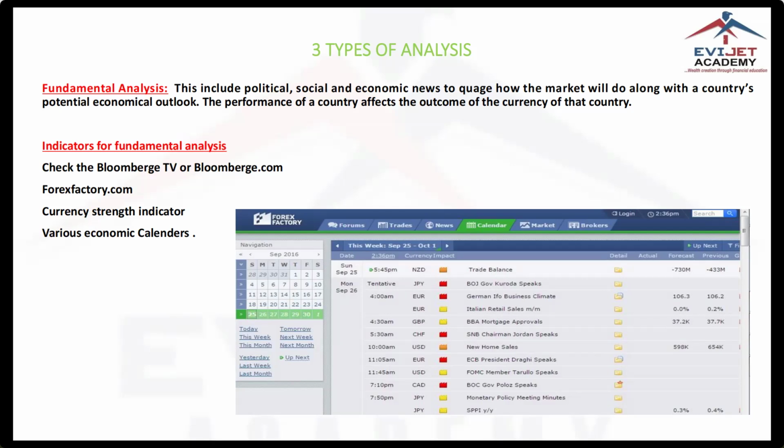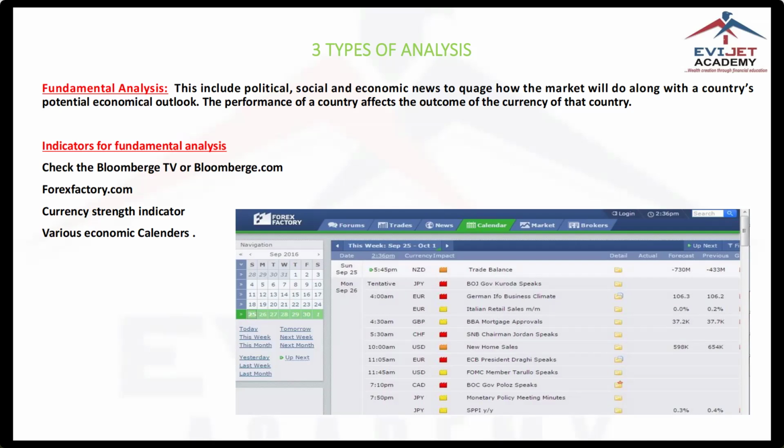The same way we have a natural disaster, all right? Natural disasters are things that affect the economy, okay? Those ones are under fundamentals.